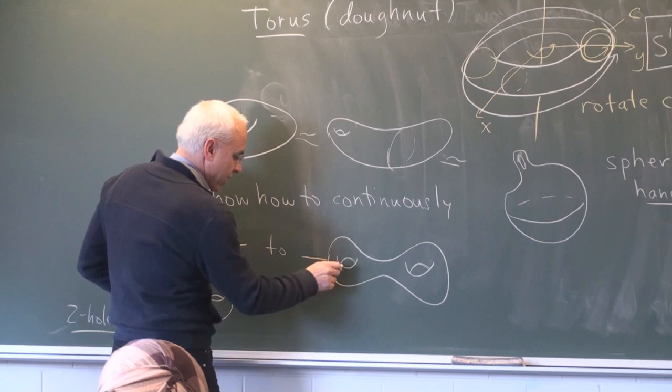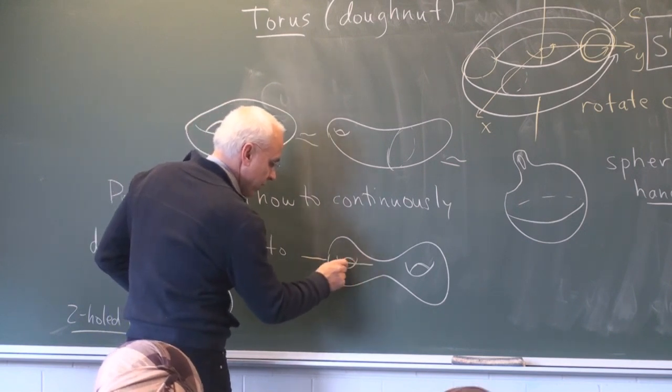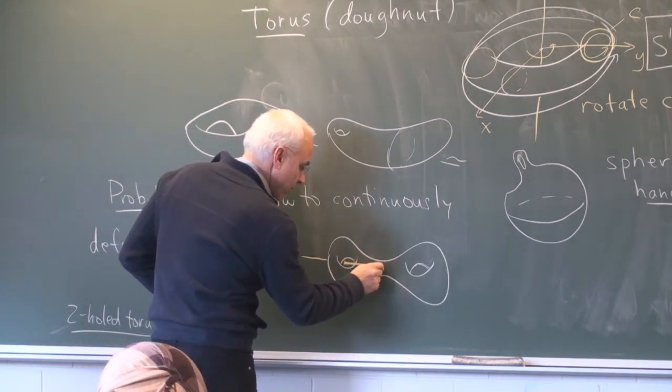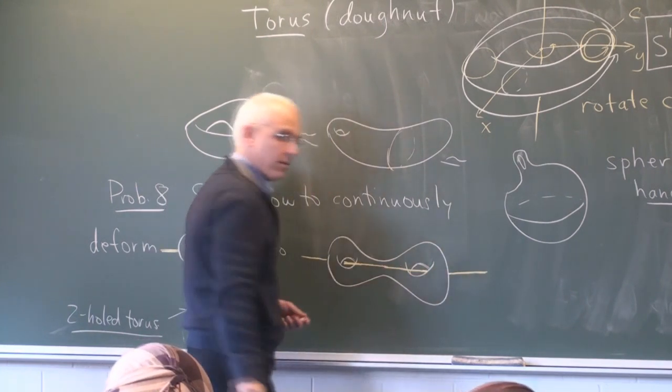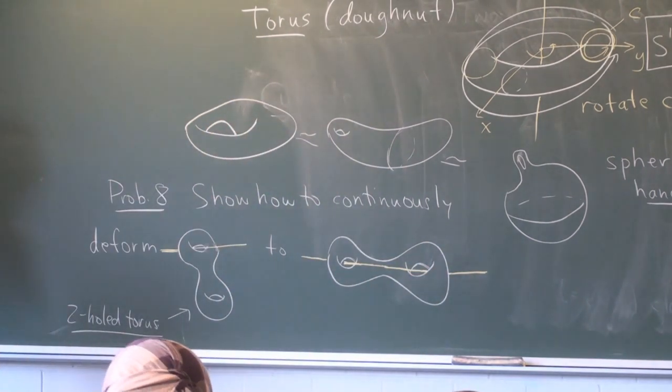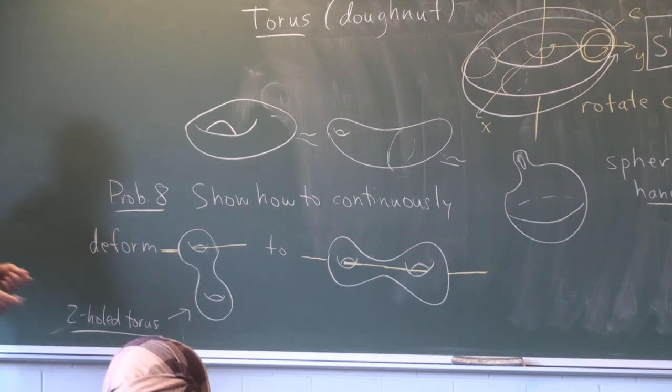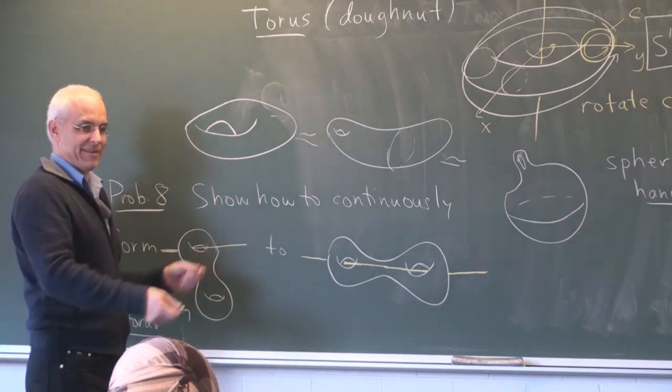Here's the clothesline. It goes through here and it comes out here. And then it goes in that hole and out. Now it's caught in both holes. How long is that clothesline? The clothesline is infinite. You're not allowed to slip it off.